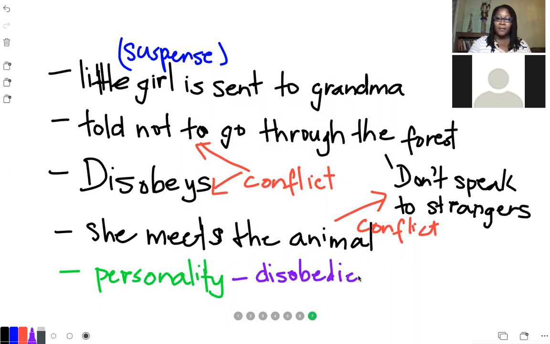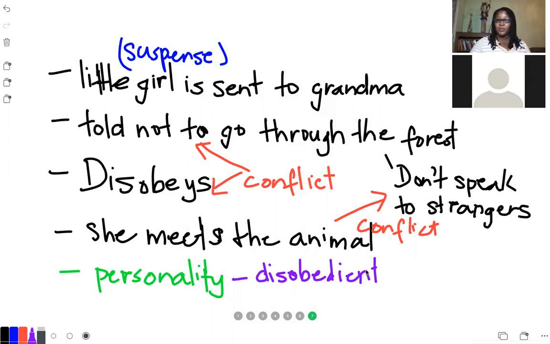So right away, without anyone telling us anything, the little girl's actions have told us, the reader, this is a disobedient little girl. Earlier in the story, she was described, if you know the fairy tale, based on the kind of clothes that she wore. So that part of it was fine. But here we're being told about her character.